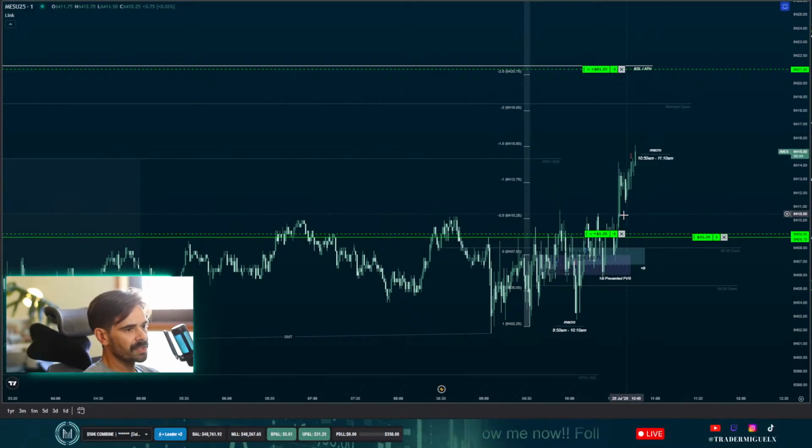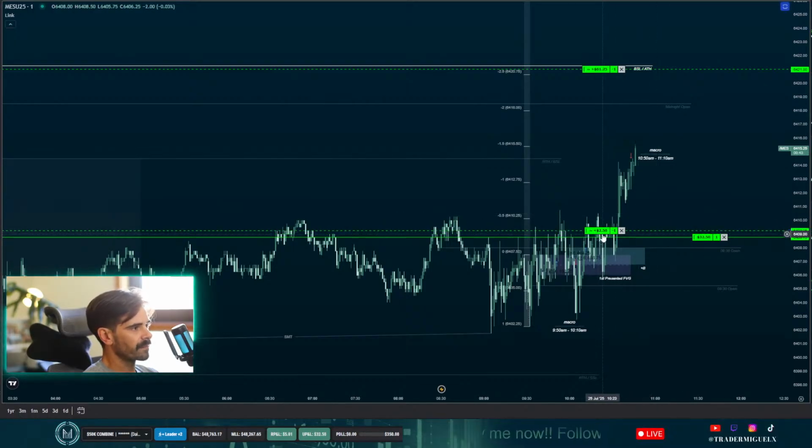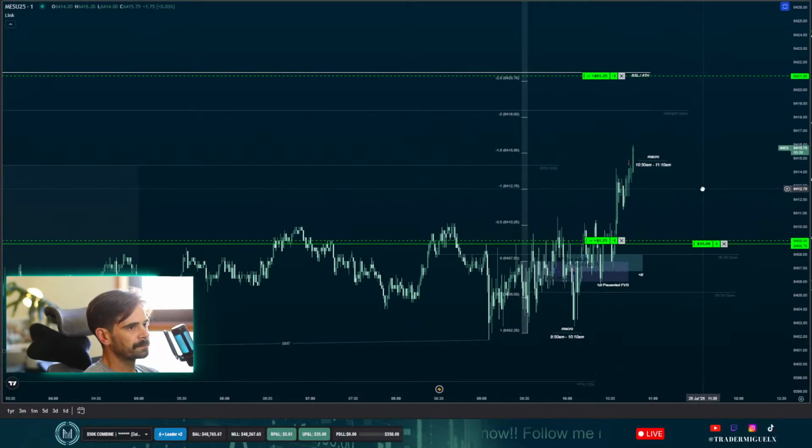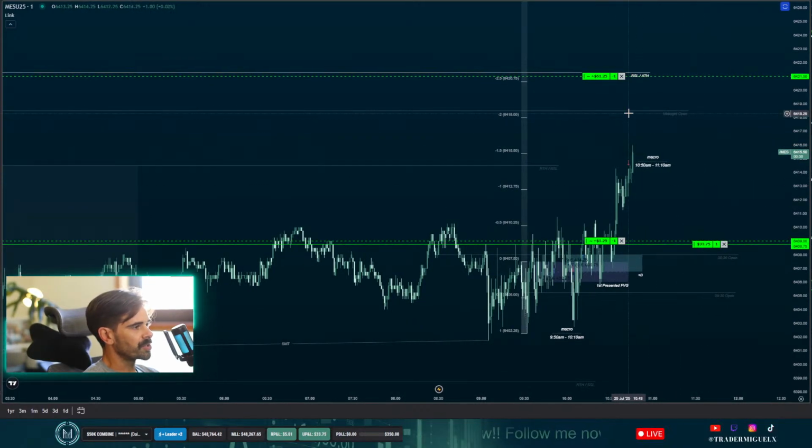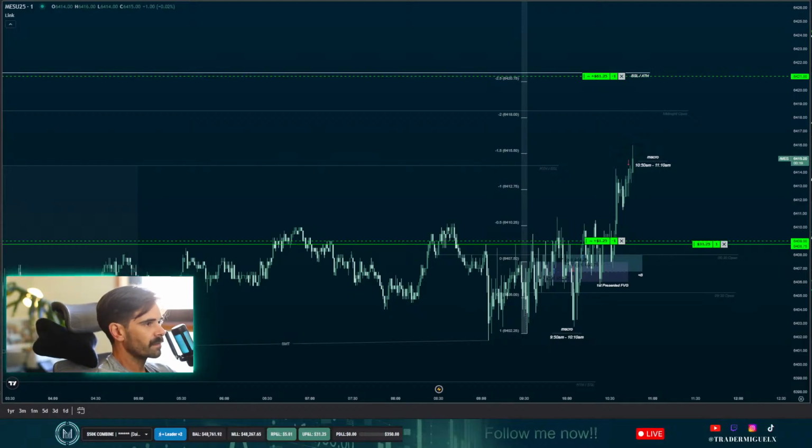Can you at least adjust your TP and SL? I think so. Yeah, yeah, I can. I will probably trail, because I don't know if price will eventually stop here. Yes, I can.